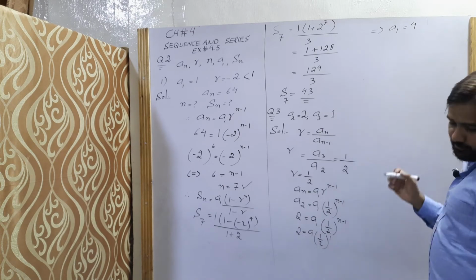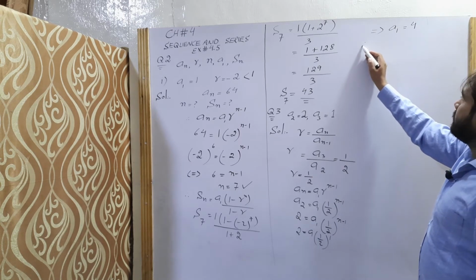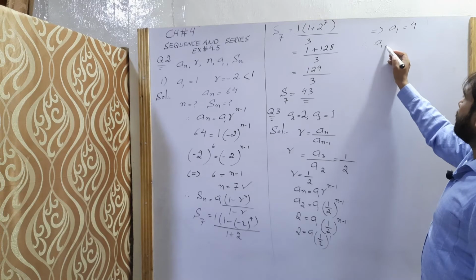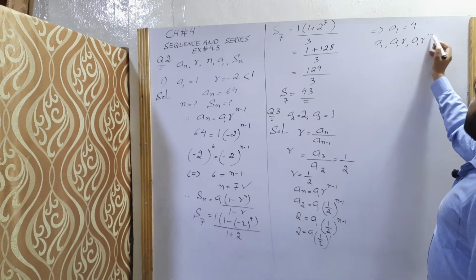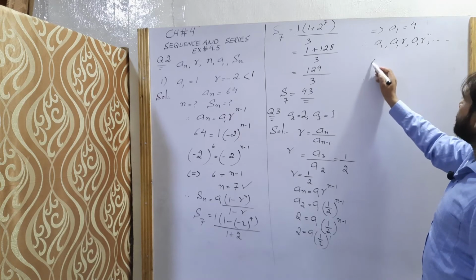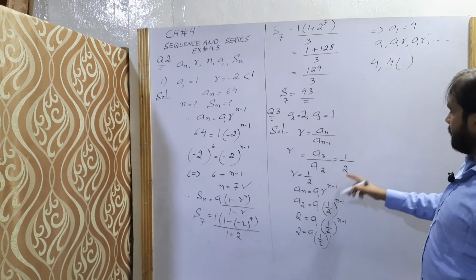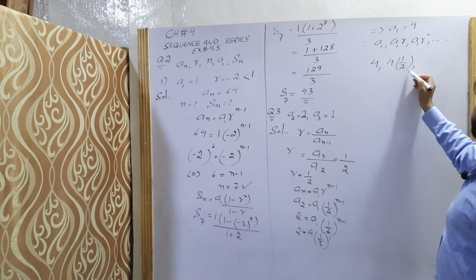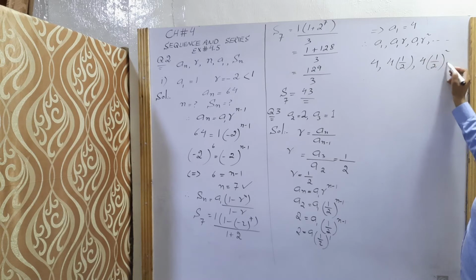So now we have to find the sequence. So we know that the geometric progression is a1, a1 r, a1 r square, and so on. First term in this case is 4, r in this case is half, which is 1 by 2. So a1 first term is 4, then r is 1 by 2, r square, and so on.